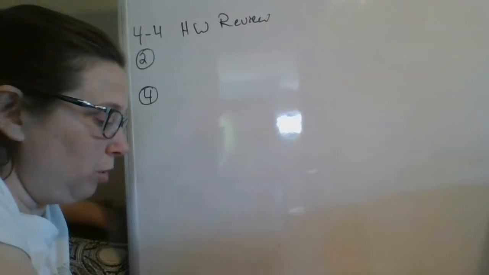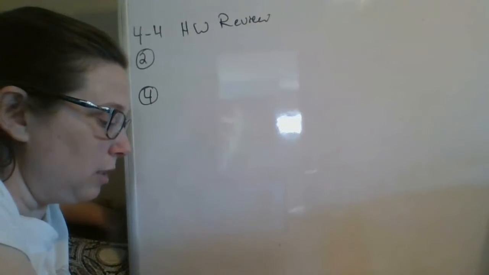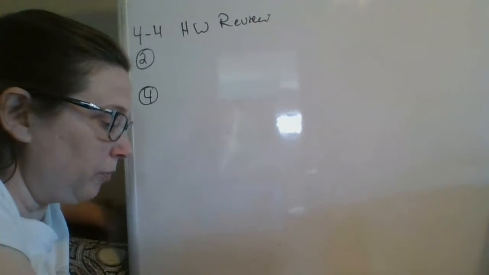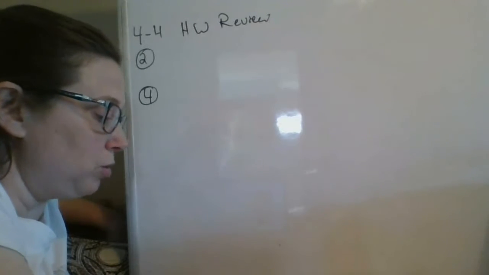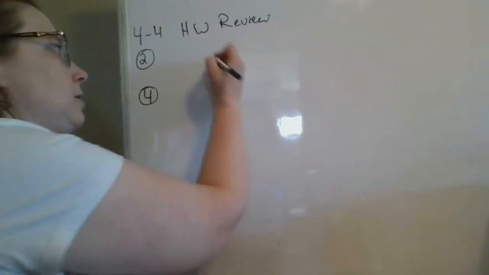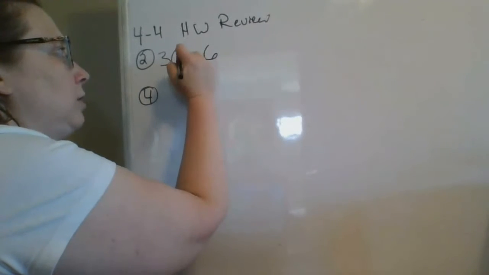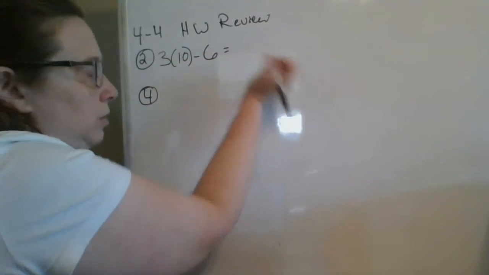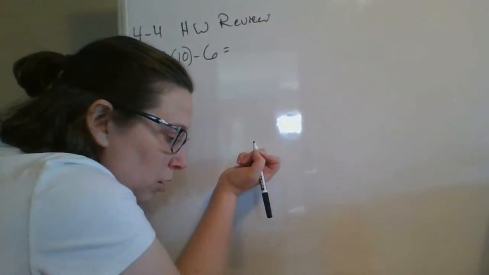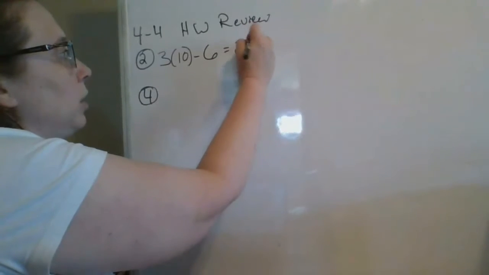So for number 2, we have 6 less than 3 times 10 is equal to 20. So 6 less than means that you're subtracting 6 from something. 3 times 10, and then they're saying that this whole thing equals 20.